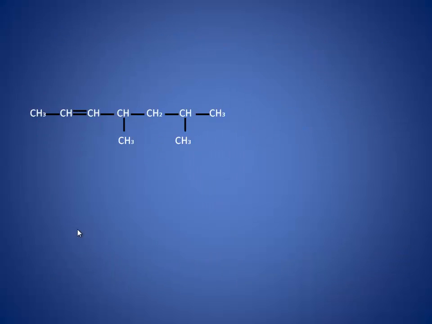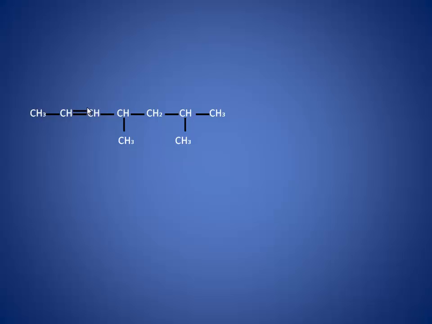We have one formula. We have 1, 2, 3, 4, 5, 6, 7 carbons and 2 substituents that are the same, methyl. So we must pay attention to which carbons have the methyls, the substituents. And then we see the smallest number in which the double bond is, that in this case is 2.